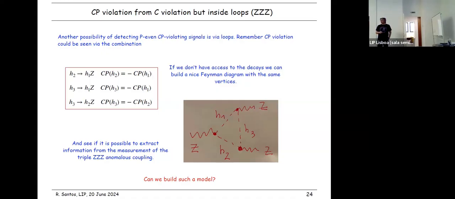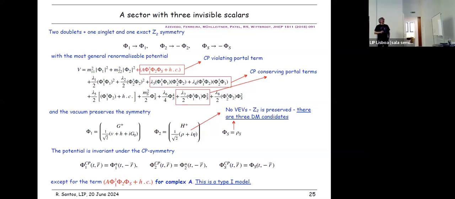And are the experimentalists looking for this? Yes, they are. But let me first tell you about an even stranger thing that can happen. When you do the 2HDM, you can add another term. And so you know when you have a visible sector and a dark sector, usually the term that connects the visible with the dark sector, you call it a portal term. And suppose that you have this symmetry, you may believe me, it will give you dark matter candidates.